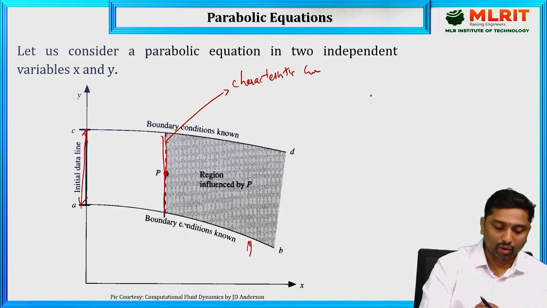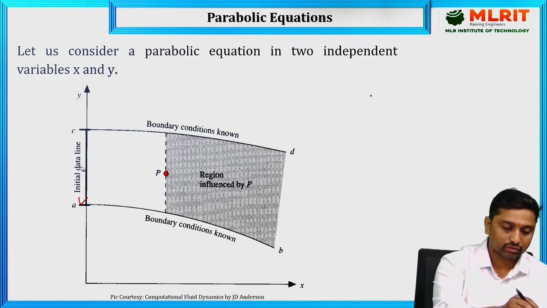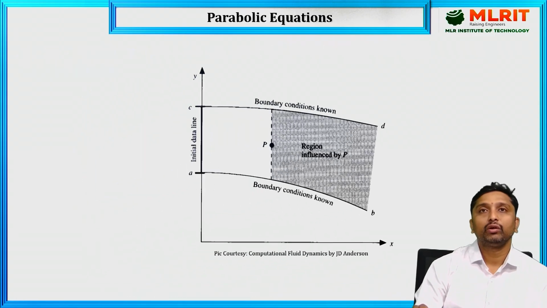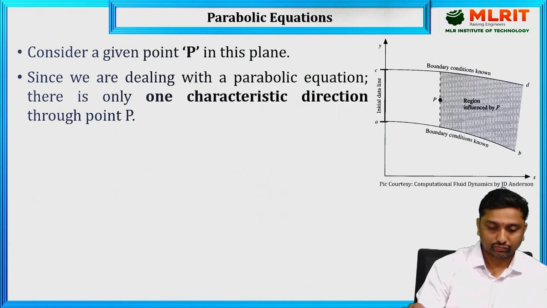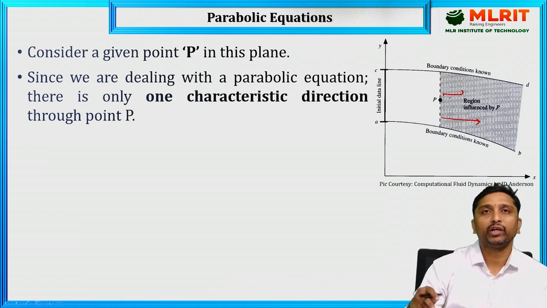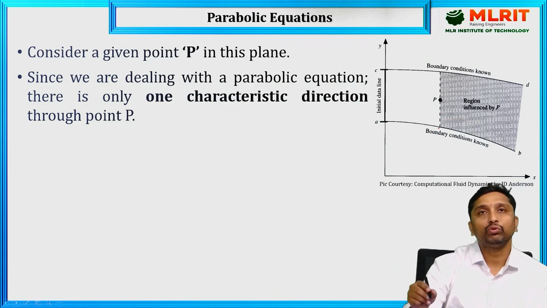The most common example for this can be boundary layer flows. You can correlate this kind of behavior with boundary layer flows. We can see one characteristic direction, that is, only in this direction it is going to move from point P. So P will have one curve, and that curve will limit itself to the boundary conditions.